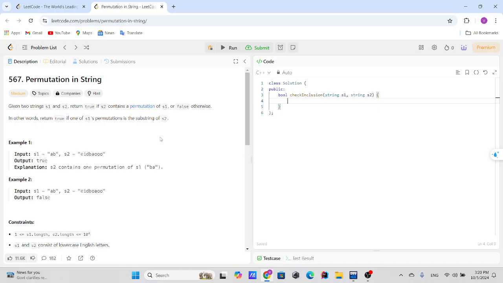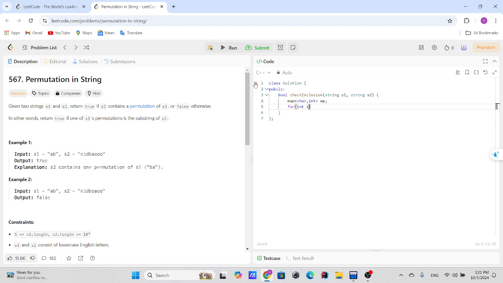Let me think real quick about this. Let's try a brute force way. I think that I can still get it correct.